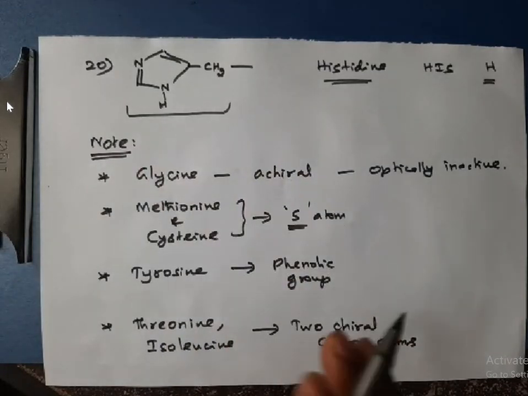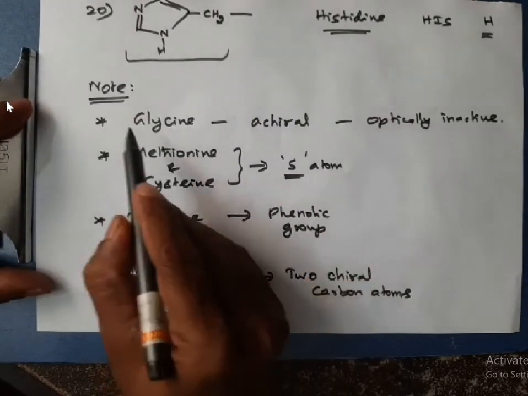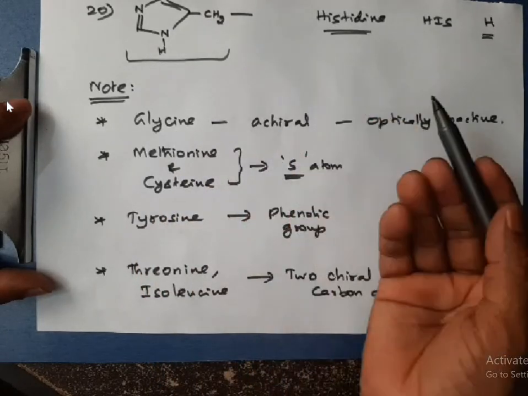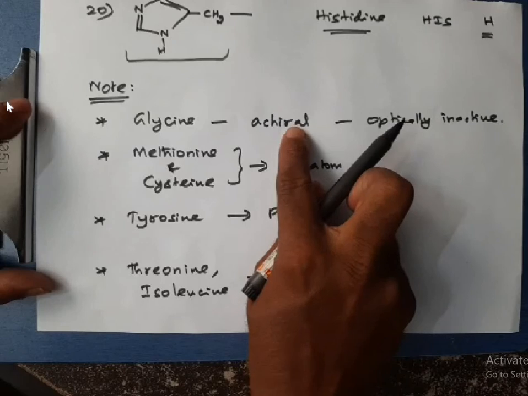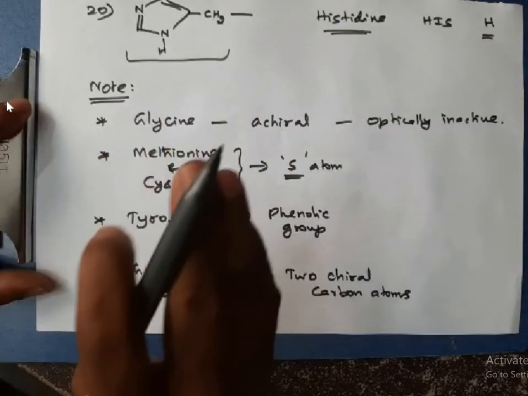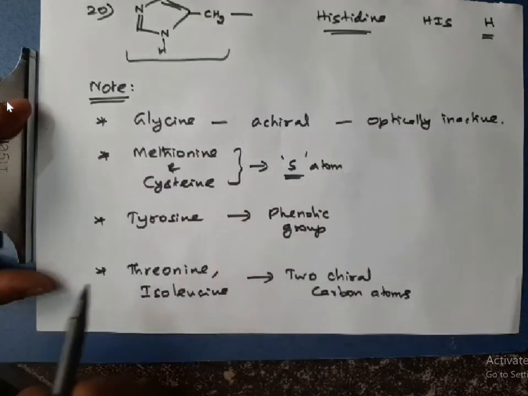Then here are some notable points I'd like to give. Glycine, as I told you before, has no chiral carbon, therefore this molecule is achiral, so it is optically inactive. Only glycine is optically inactive. All other alpha amino acids are optically active.